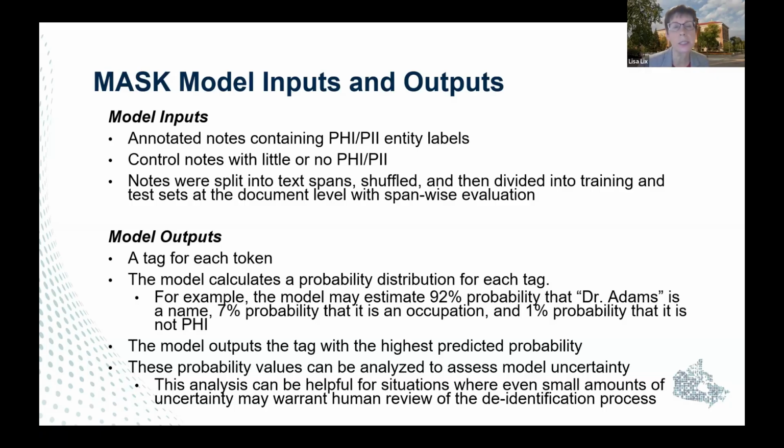And then that allows us to do some analysis on these probability values to assess where exactly the model uncertainty is arising. Is it with particular types of tags? And what is the algorithm actually thinking that these tags might be?